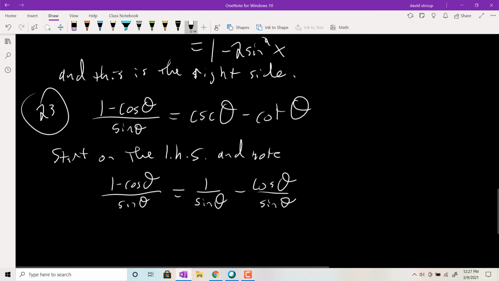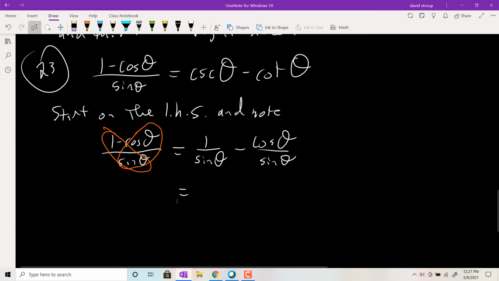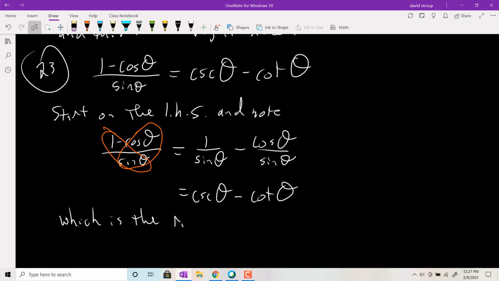In the videos, I usually call that butterflying, because it looks like you make a butterfly. Then you can use your quotient and reciprocal identities: 1 over sine theta is cosecant theta, and cosine over sine is cotangent theta, which is the right-hand side.